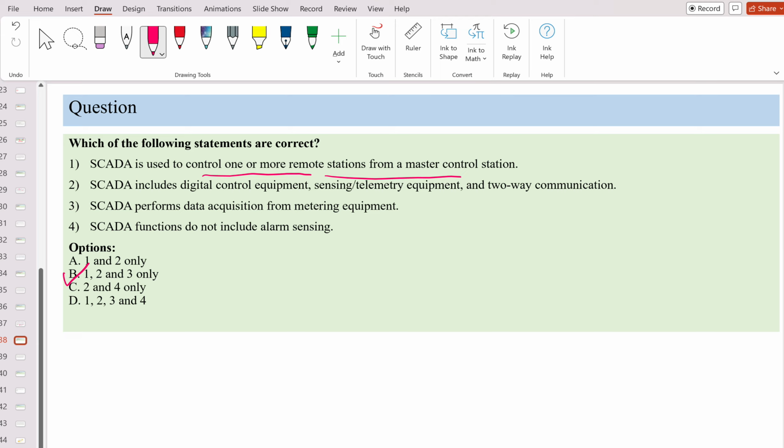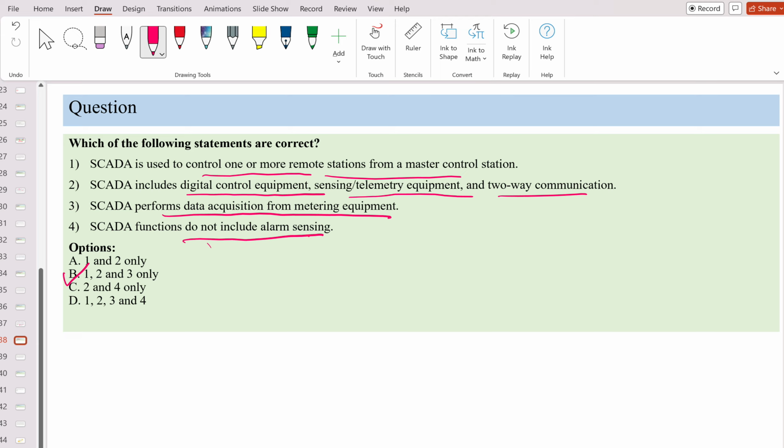SCADA also includes digital control equipment, sensing telemetry equipment, and two-way communication from the plant to the central control station, and when the central control station gives the command, the plant will follow that. It performs data acquisition from the metering equipment. Meters already have the data acquisition facility by RS-485, or you have a LAN-based communication to the local server. So that is also possible.